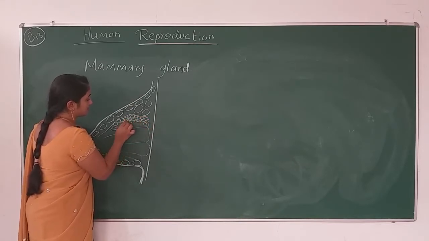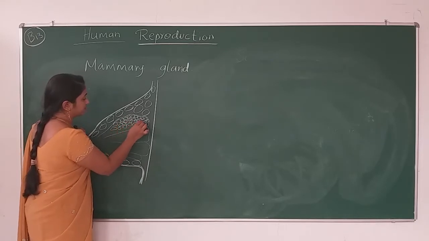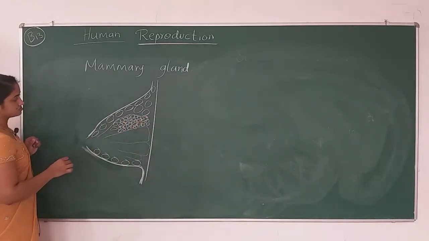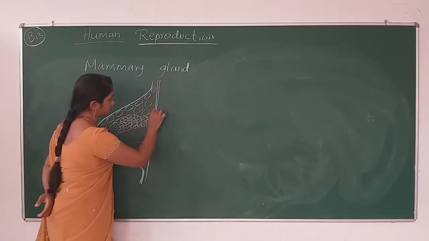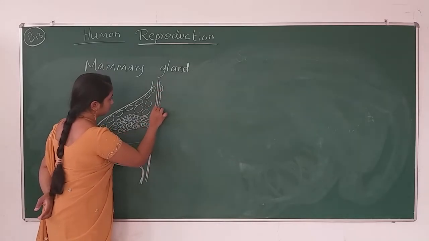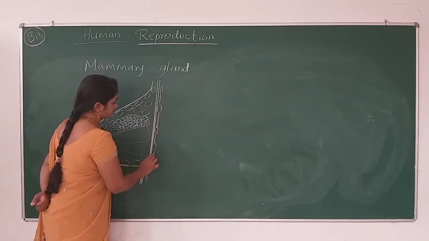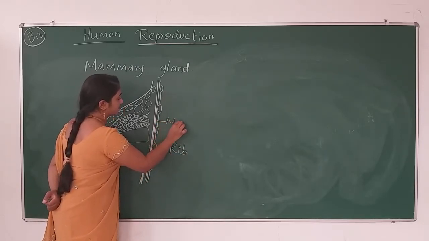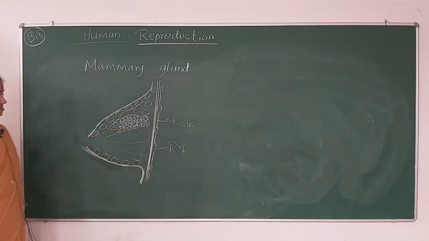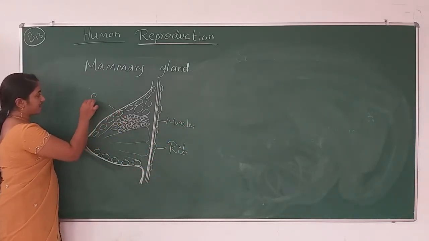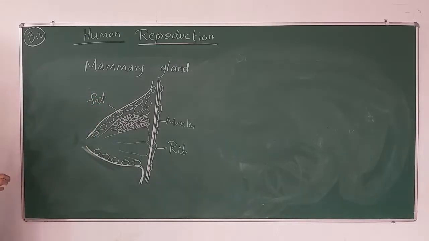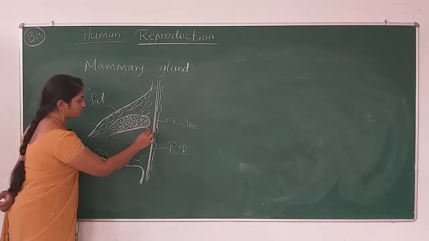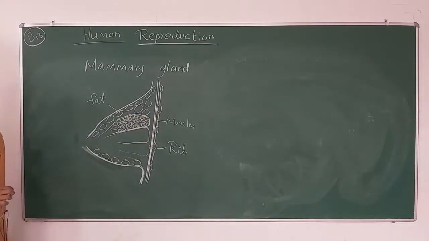I'll talk about that. First let me draw this and complete the structure. Let me label these parts also. This is the rib, and these are the muscles present in between the ribs, and this is the fat that covers the mammary gland, and these are all the lobes. 15 to 20 lobes are present in each mammary gland.